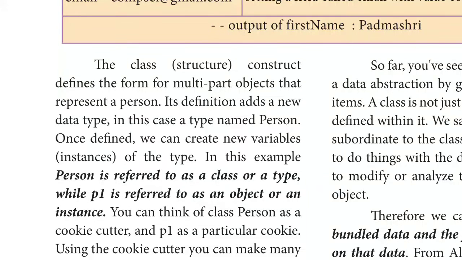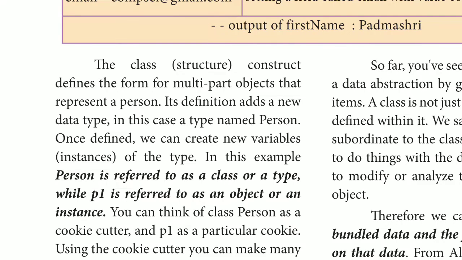This person is created as a class which has some variables: first name, last name, id, and the email id. The person is referred to as a class or a type, where p1 refers to an object or an instance. So person is a class with default values.